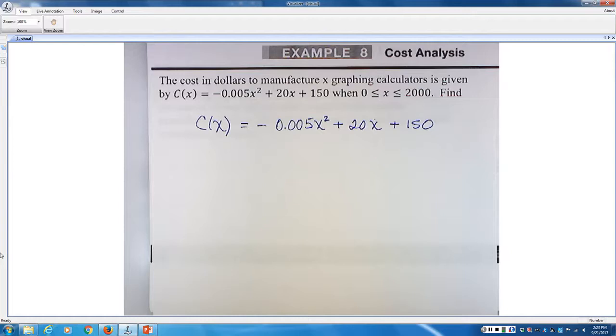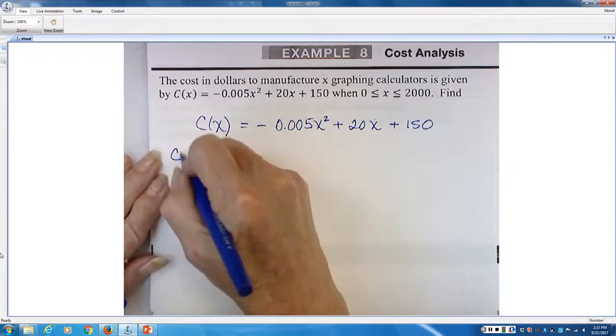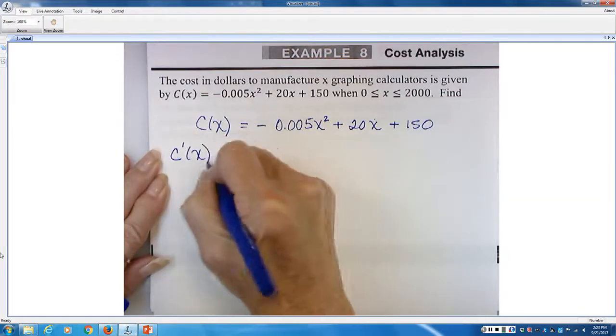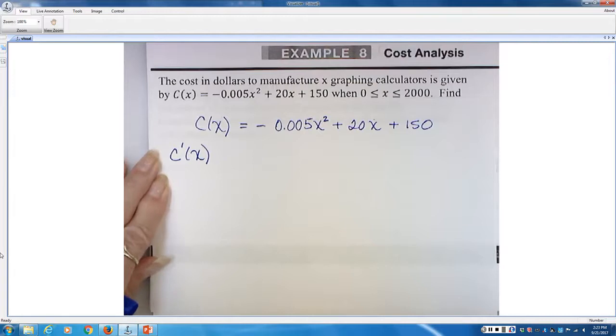So what we want is to find C prime of X. So we're going to do step 1.